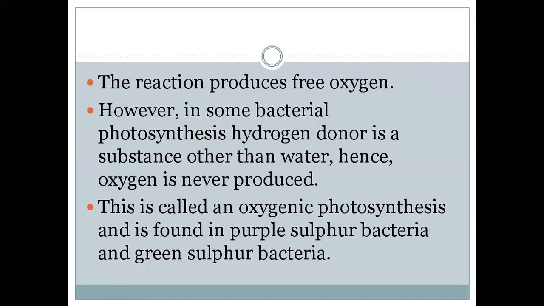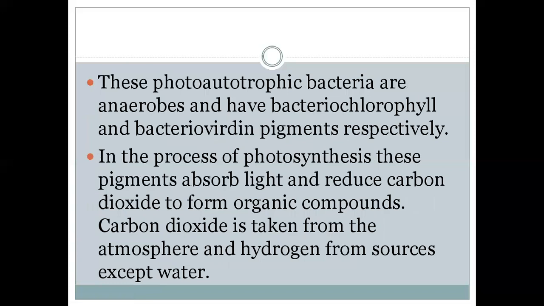This anoxygenic photosynthesis is found in purple sulfur bacteria and green sulfur bacteria, whereas cyanobacteria or blue-green algae show oxygenic photosynthesis. So here we have learned about photoautotrophs.